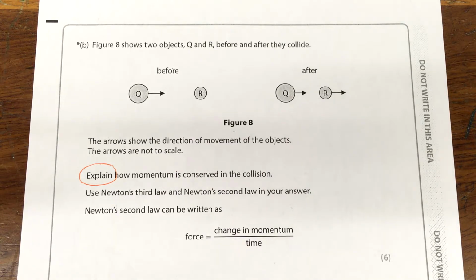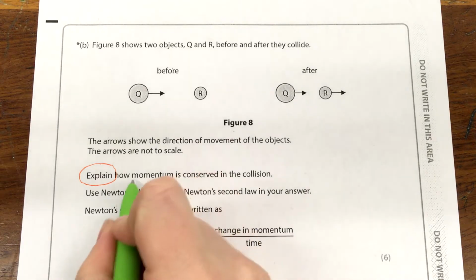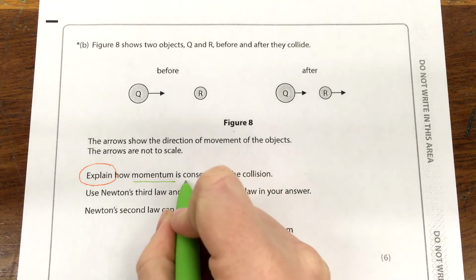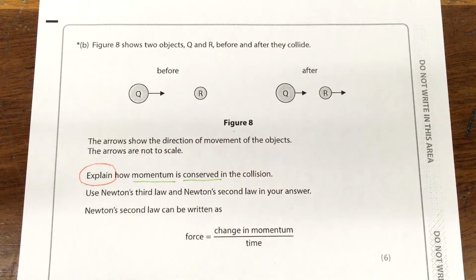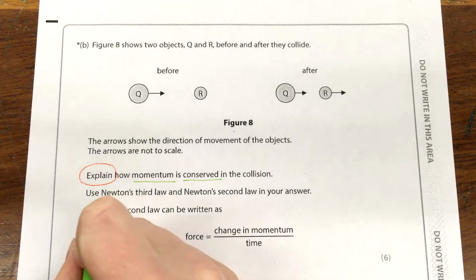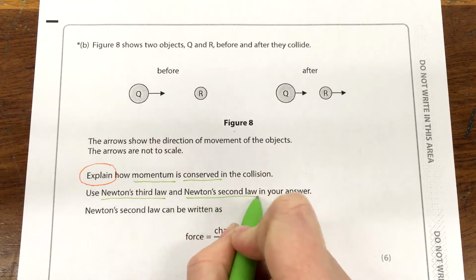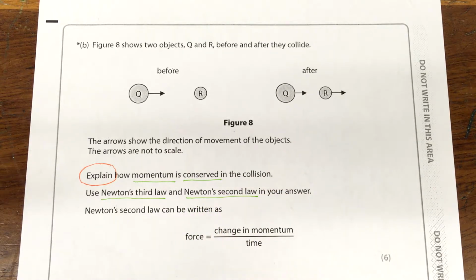Now, we're going to underline our keywords. So keywords that we've got are momentum and conserved. We also need to include Newton's third law, so that's quite important, and Newton's second law. The final thing that it's given us that's useful, even though it's not a keyword, is our diagram at the top.